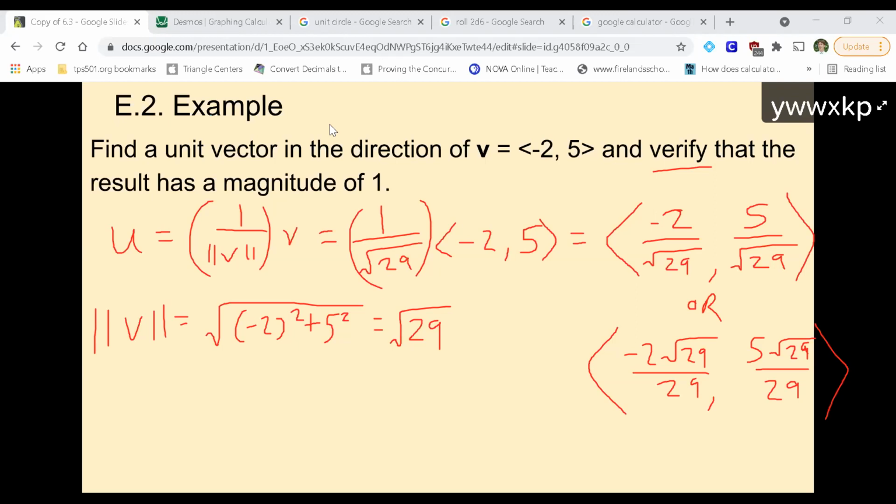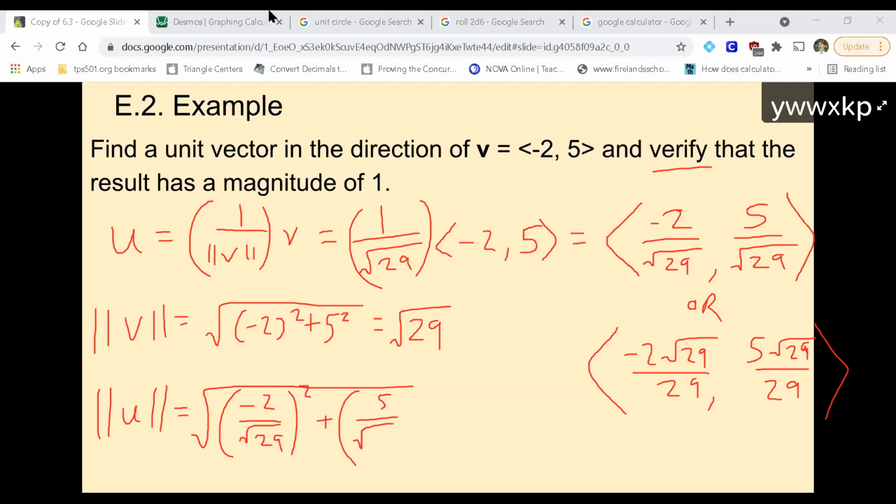Let's find the magnitude of U. So we're going to do the square root of (-2 over square root of 29) squared plus (5 over the square root of 29) squared. Well, that would be 4 over just 29, right?